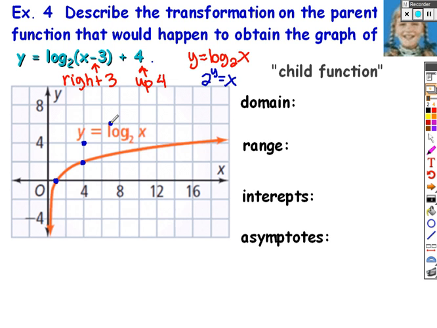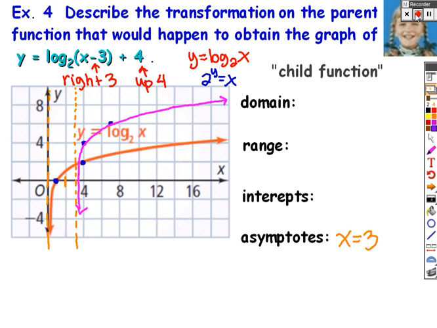I would also want to move my asymptotes. If the asymptote of the parent function was the y-axis, or the line x equals 0, well now that line should be moved 3 to the right. Note that this graph is going by 2's, so 3 would be right about there. So my new asymptote should be the line x equals 3. The domain would move 3 to the right.